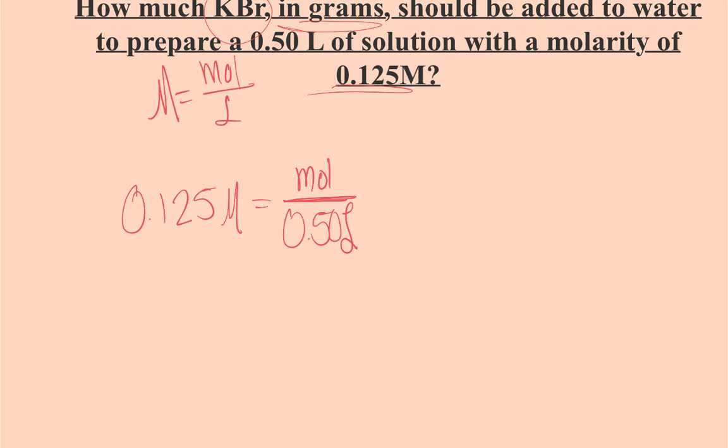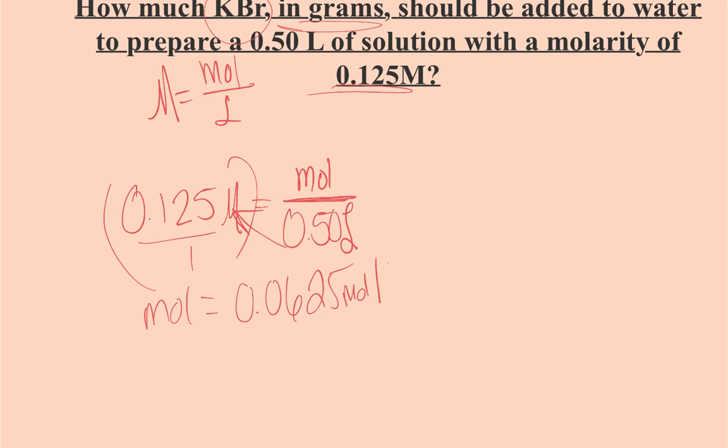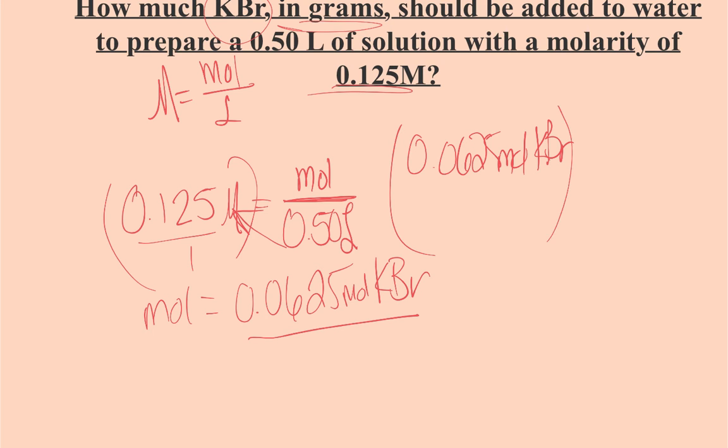In order to do this, remember that this is technically over 1, so we're going to cross multiply, and then I'm going to get my moles equal to 0.0625, and that's moles of potassium bromide. But the problem calls for grams, so I have 0.0625 moles of potassium bromide, and I want to turn that into grams.